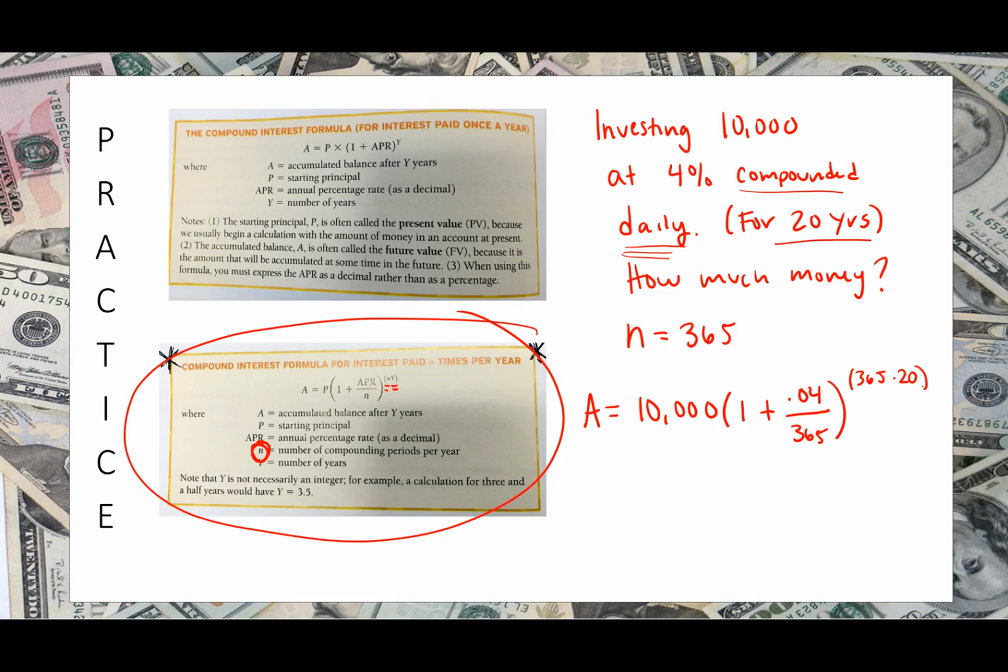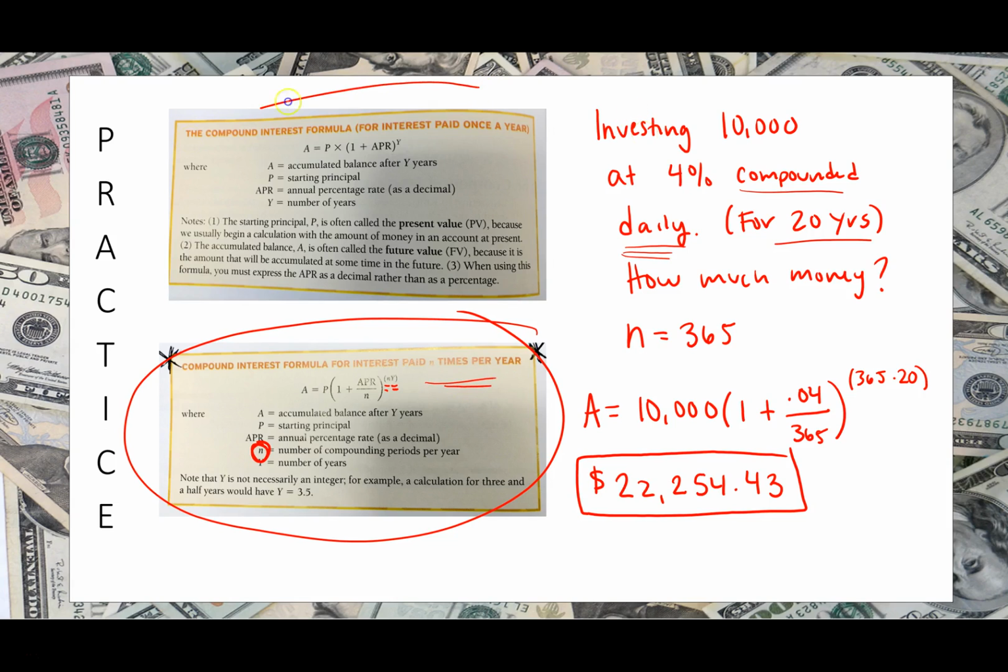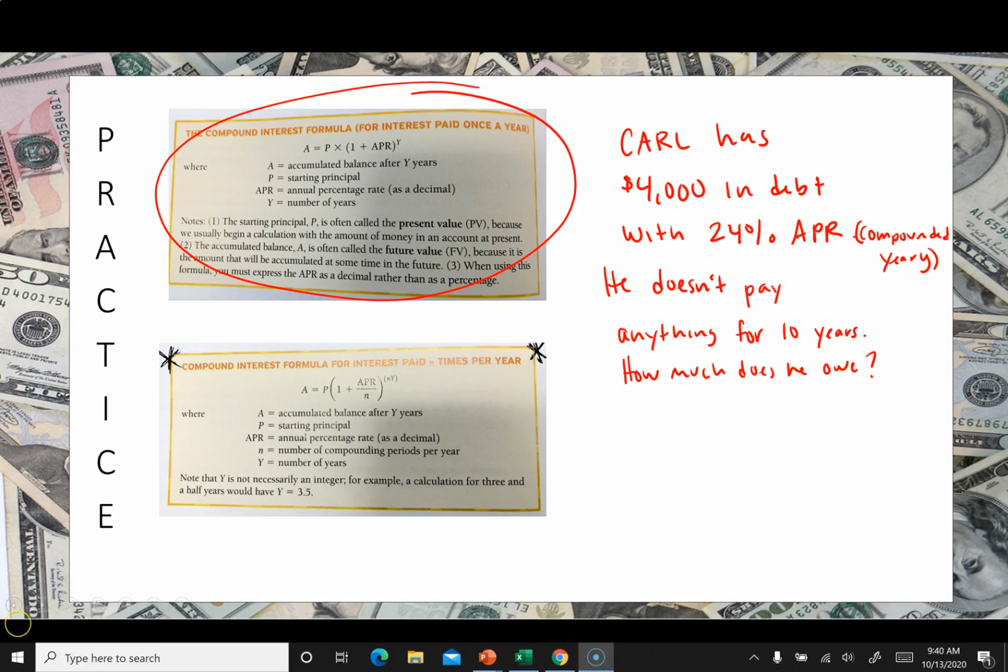Again, try this in your calculator and see if we get the same thing. I get $22,254.43. All right, so that's our last problem for compound interest that is paid more than n times a year. Let's finish off this video by doing one more of these problems.